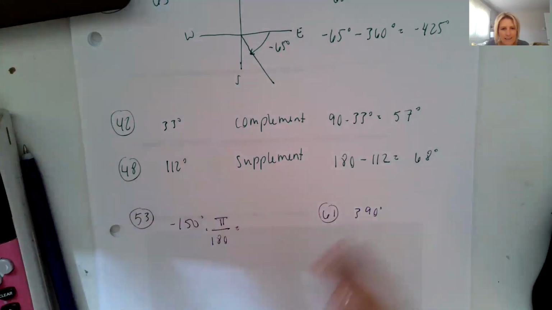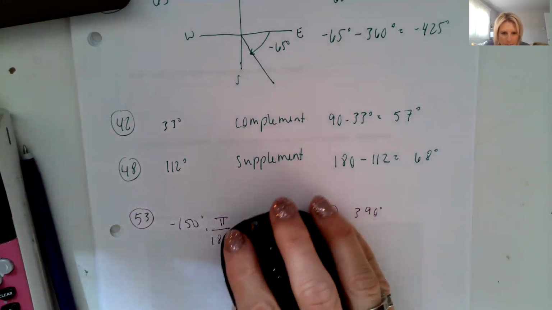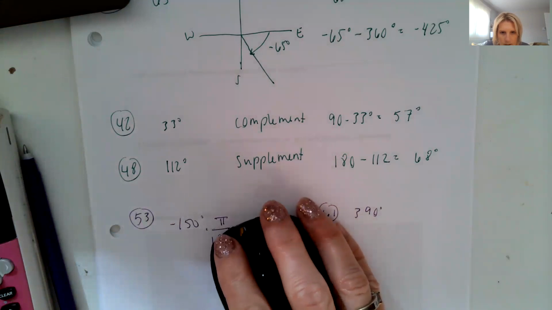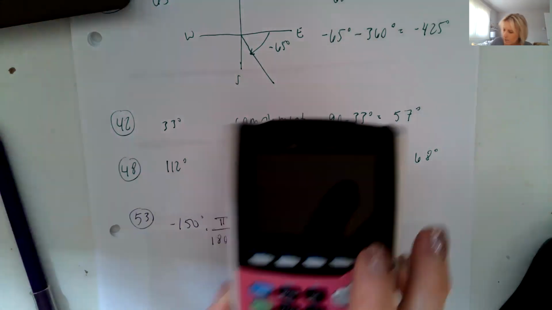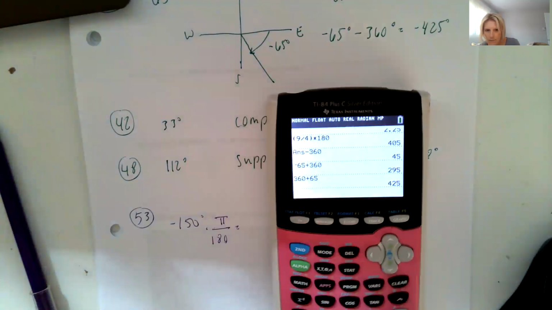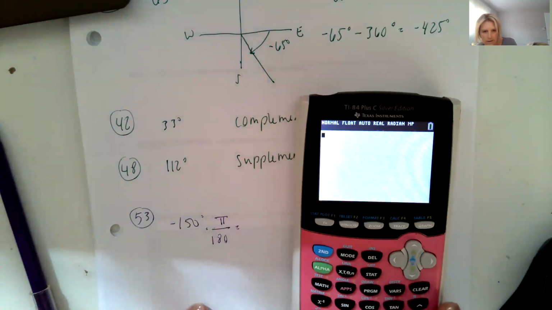What's cool is we like to keep it in terms of pi. So I really want to show you this in Desmos, but actually in my calculator, I should keep it in fraction form as well. It's nice to keep it in reduced fraction form.